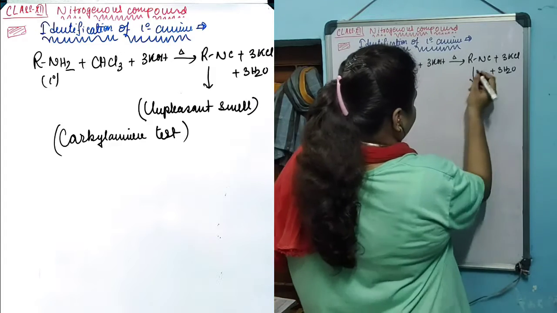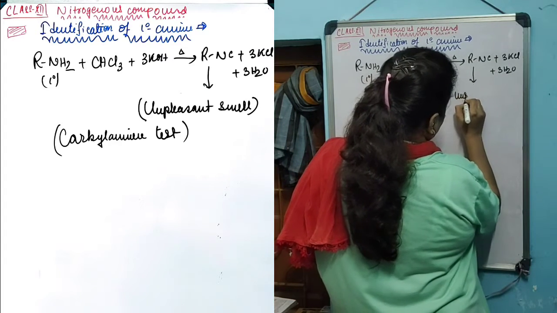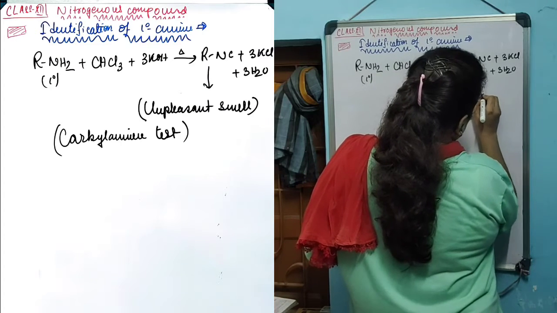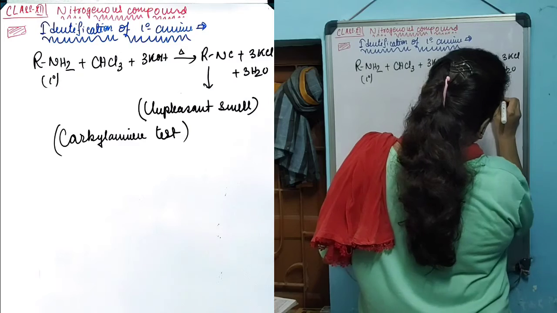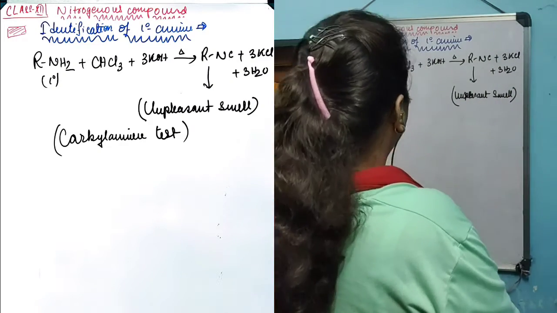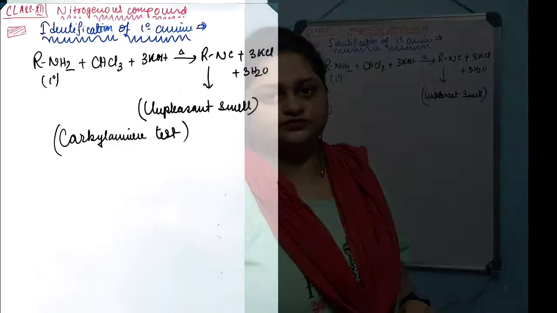This RNC produces a very unpleasant smell. From this unpleasant smell, we can identify the compound to be a primary amine.